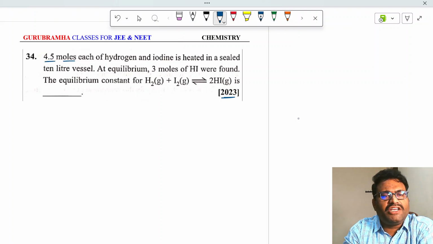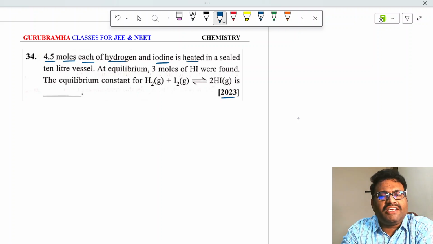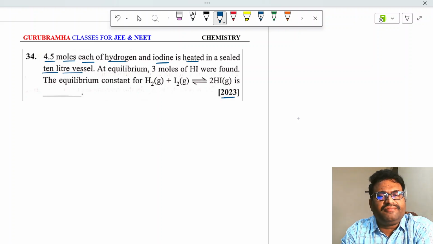4.5 moles each of hydrogen and iodine is heated in a sealed 10-liter vessel. So there is a vessel, right? In this vessel, the volume of this vessel is 10 liters.